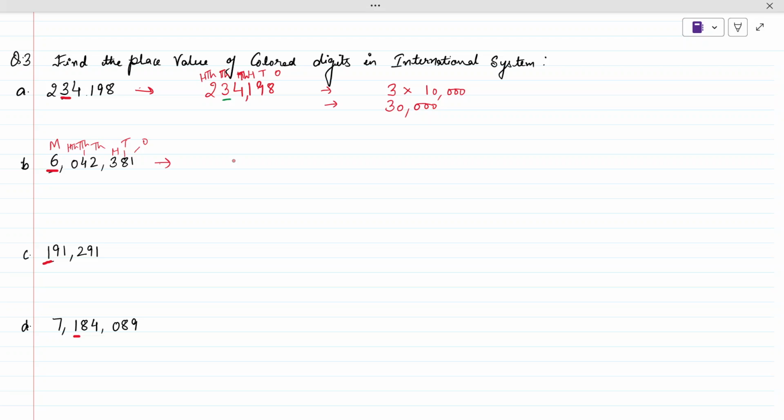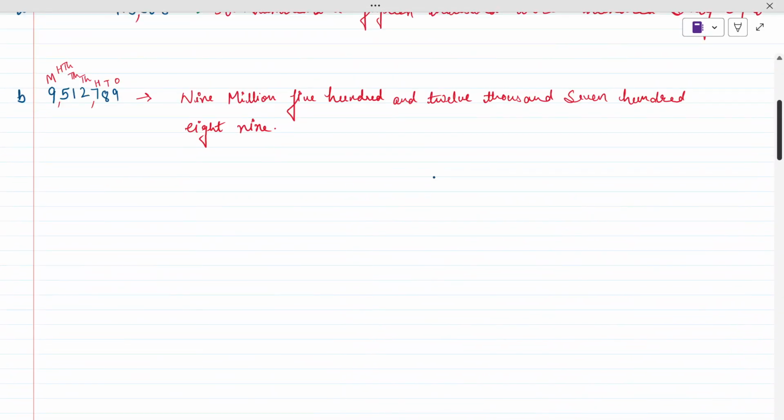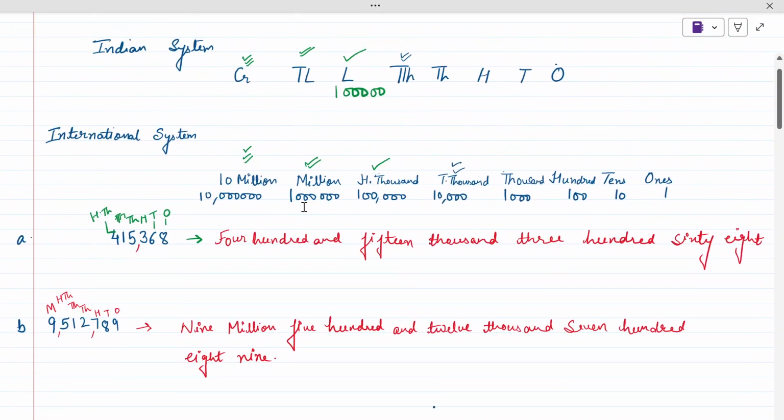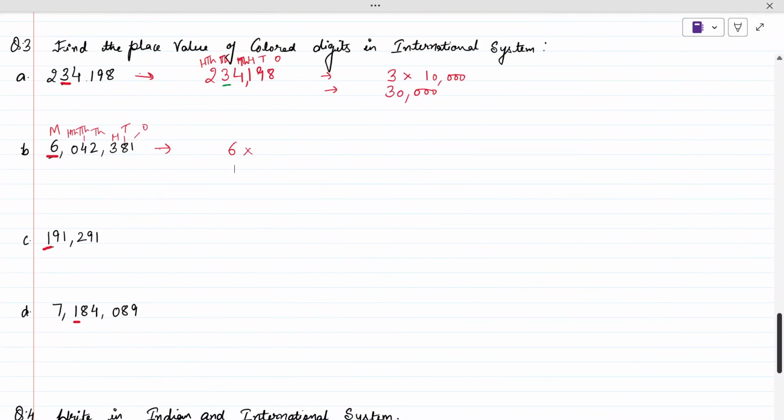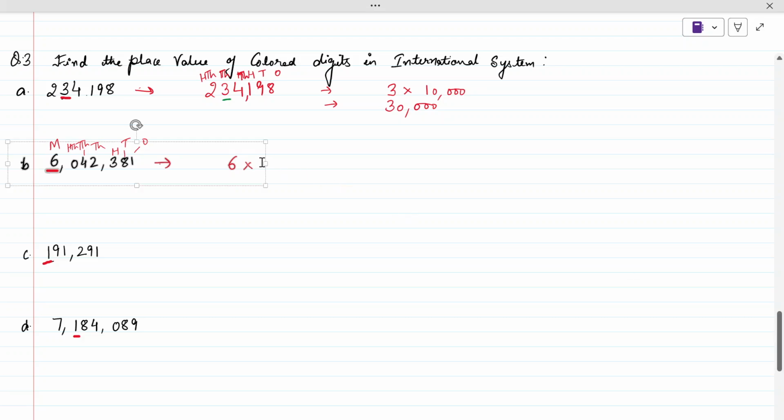So what will we multiply 6 by? We will multiply 6 by the place value of 1 million. And we saw that the place value of 1 million is 1 followed by 6 zeros. So we will multiply with the same thing. 6 multiplied by 1 million, which means 6 zeros. So the place value will become 6 into this thing.